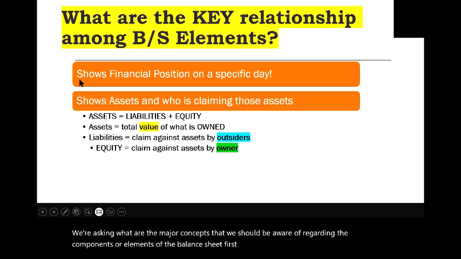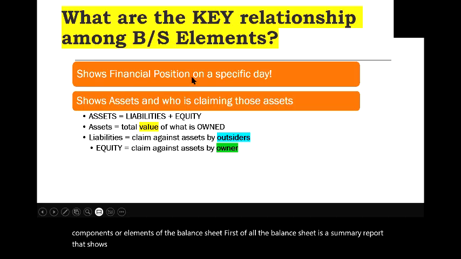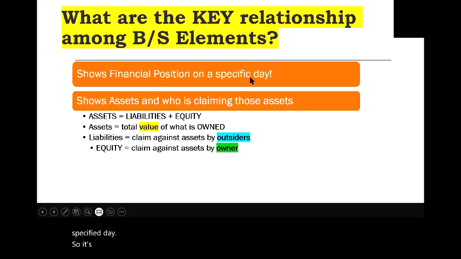First of all, the balance sheet is a summary report that shows the financial position of a business or an economic entity, could be a person, on a specified day. So it's not covering a period, it's for a specified day. It shows the assets and who is claiming those assets.